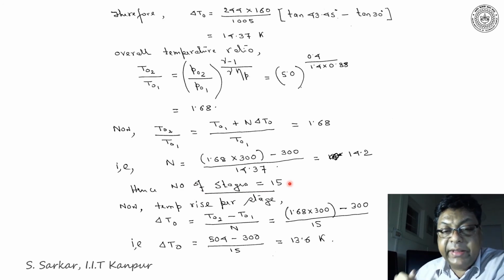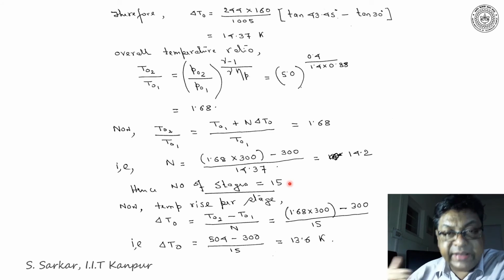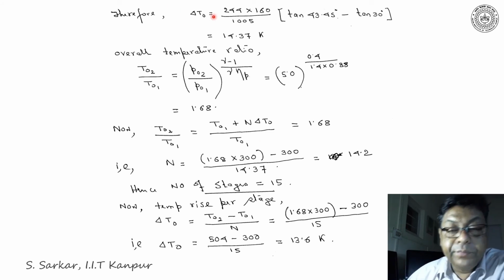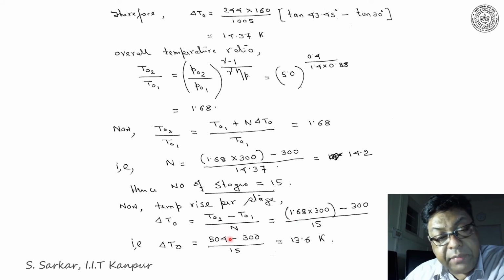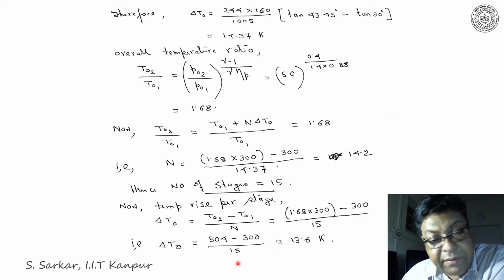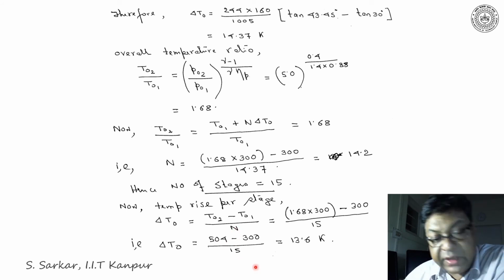Since I have taken the number of stages as 15, I'll have to reassess now del T0, that is stage temperature rise. So I have reassessed del T0 as T02 minus T01 divided by N. T02 is 504 minus 300 divided by 15. N is the number of stages.